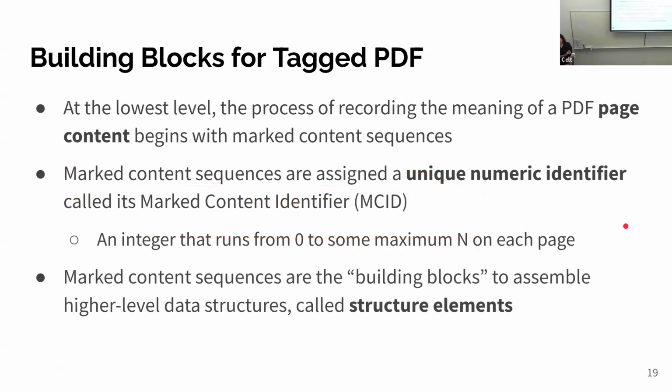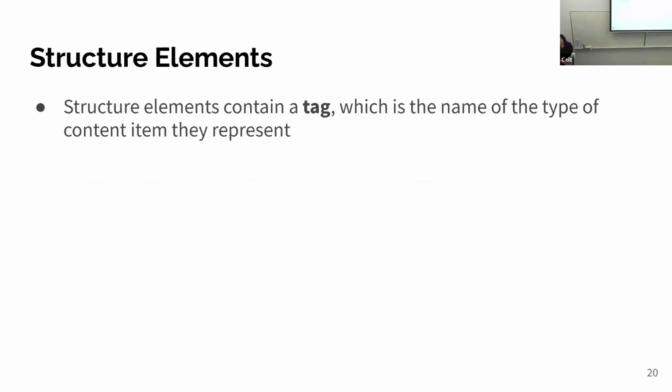These marked content sequences are the building blocks to assemble higher-level data structures called structure elements. Structure elements contain a tag, which is the name of the type of content item that they represent, like a paragraph, a heading, or a table. If you don't know how to build PDF, you can think about HTML, or even more low-level Word semantic tagging.